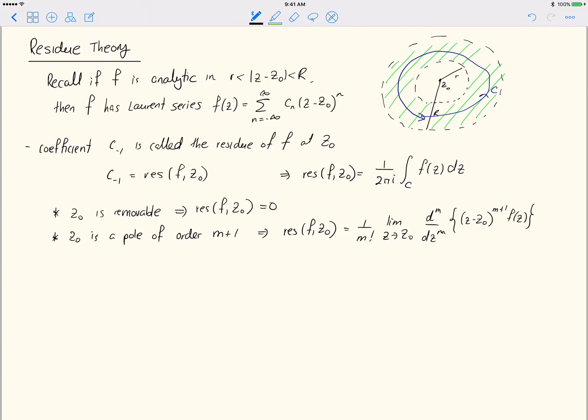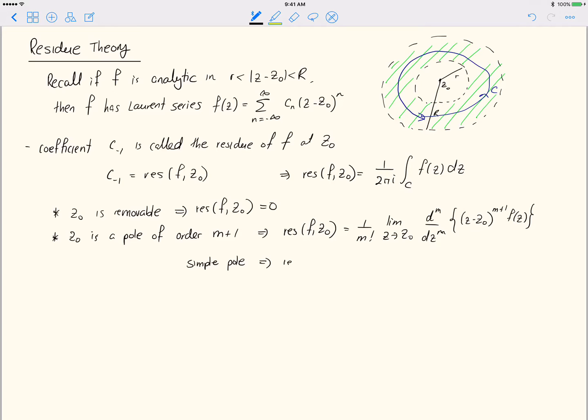It may look complicated, but it's not really, because often you get a simple pole or a double pole, or maybe at worst a triple pole. So it's not as bad as it looks. In fact, if you have a simple pole, then m would equal 0 in this formula.